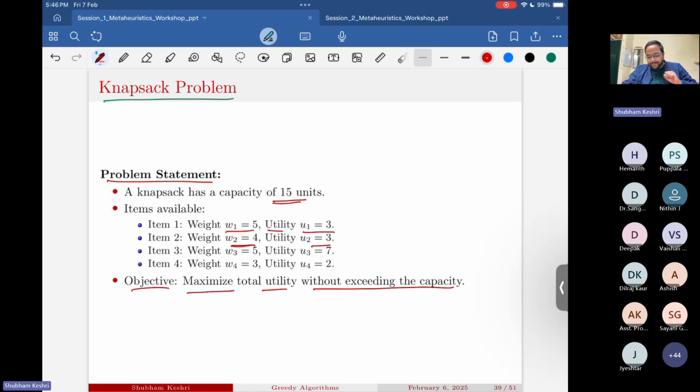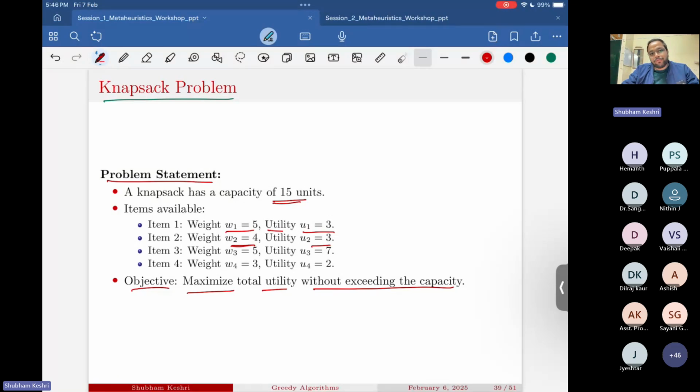You have some items on your table and you're deciding which item you should keep in your bag, because each item has some utility. Water has higher utility as compared to a compass. Food has higher utility as compared to, suppose, socks, and so on. So this is the same problem you are solving when you are going for a trek and deciding what items to pack in your bag, because the bag also has a capacity and you cannot carry more than that capacity.